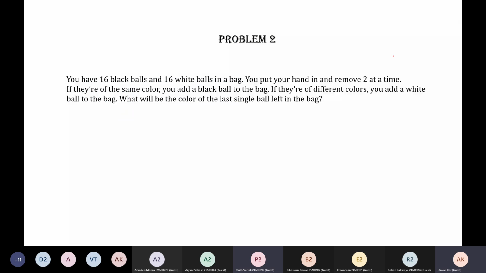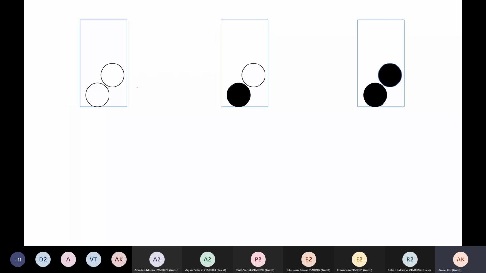So you were telling about the second method in which we check the second last step. Can you explain that method? Yeah, I will explain it. You are always removing two balls and adding a ball. To reach a single ball, you have to reach two balls first. So the number of options for two balls is three.